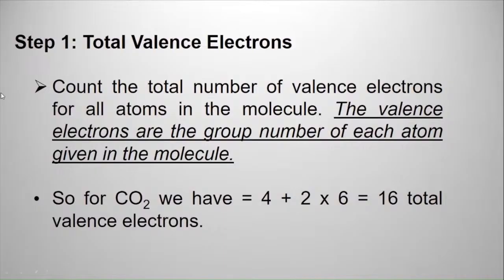When it asks what is the total valence electrons for carbon dioxide, you will look at the periodic table. You will see carbon is in group 4A, which means it has 4 valence electrons. Oxygen is in group 6A, so it has 6 valence electrons. So for carbon dioxide, you have 4 from carbon, 6 from each oxygen, and you have 2 oxygens.